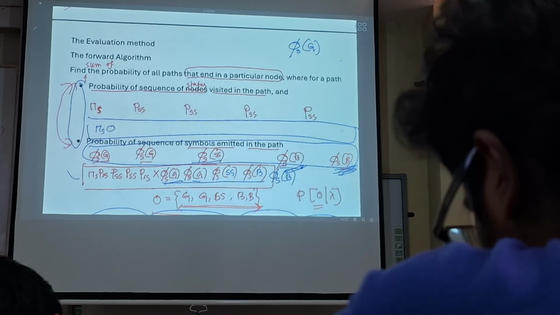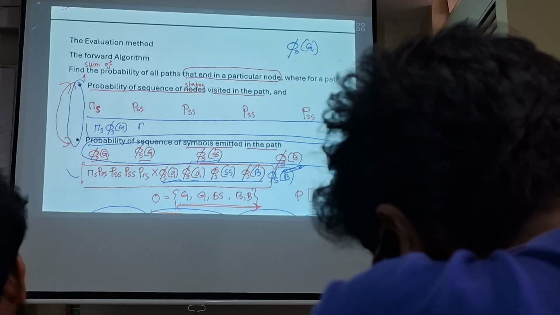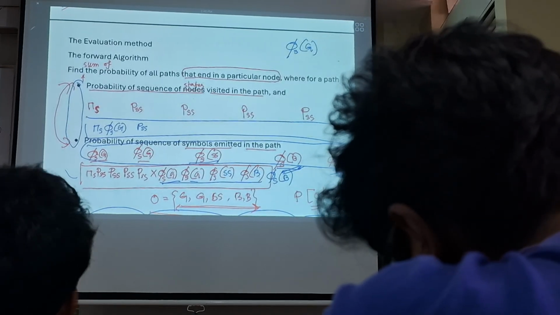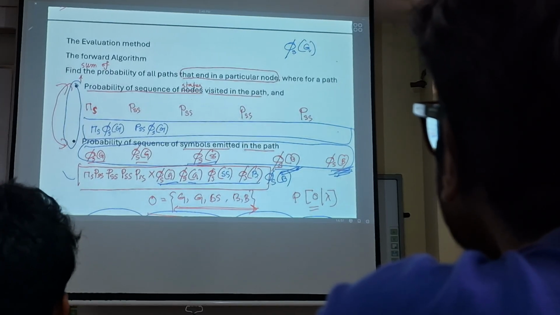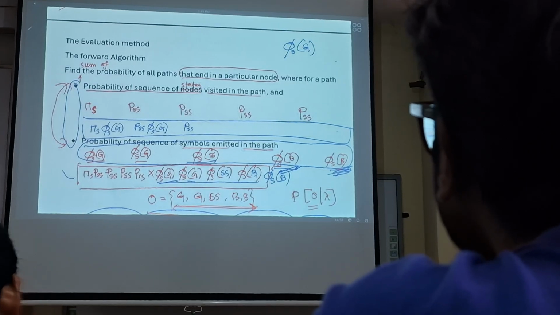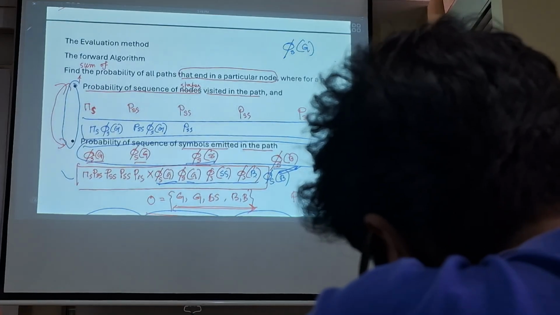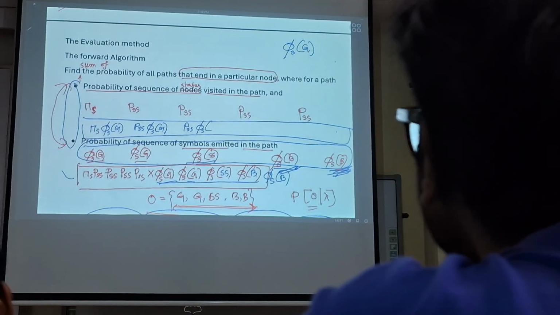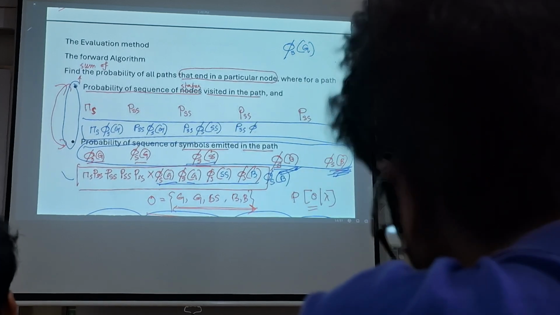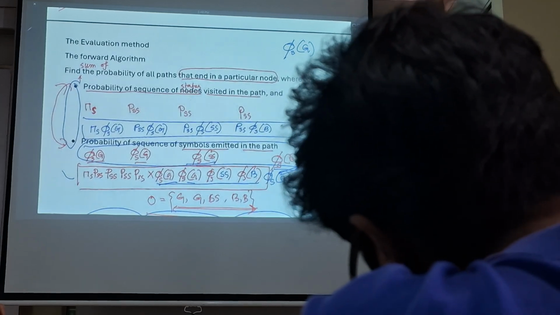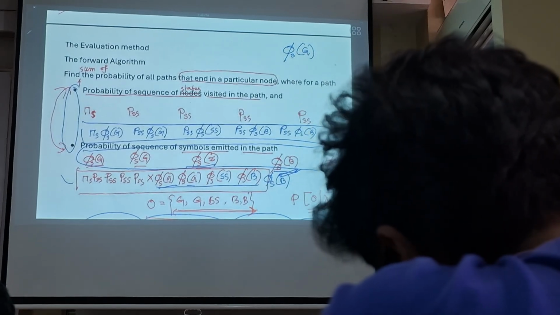Then it emits a symbol G. Then it moves to another sunny state at the next time, and it emits another symbol G. Then it moves to the next state, which is also sunny. At that point it generates the symbol which is SS, right? Now it moves on to another sunny state. This time it generates a symbol which is that, and finally, right?